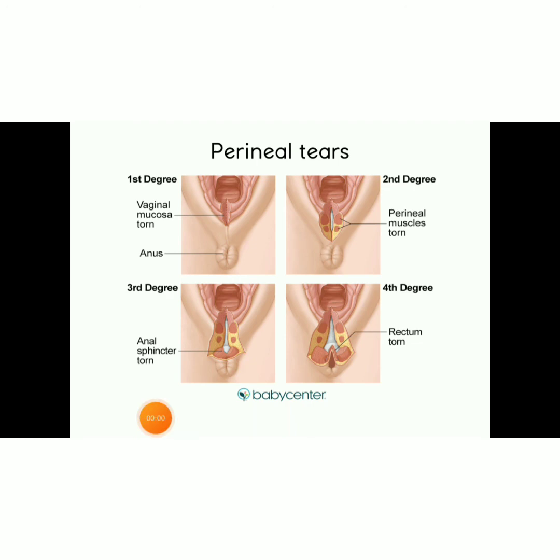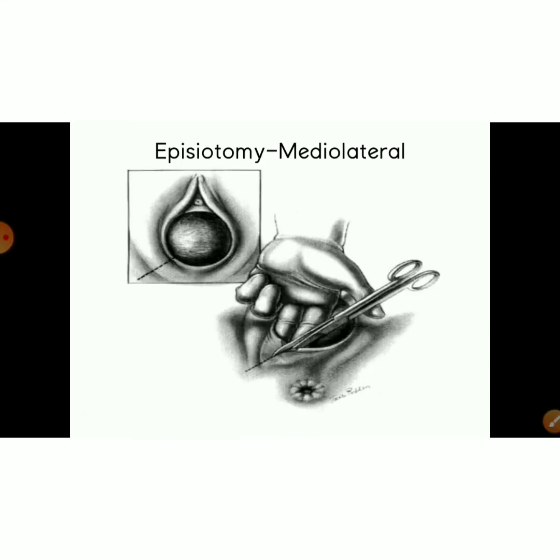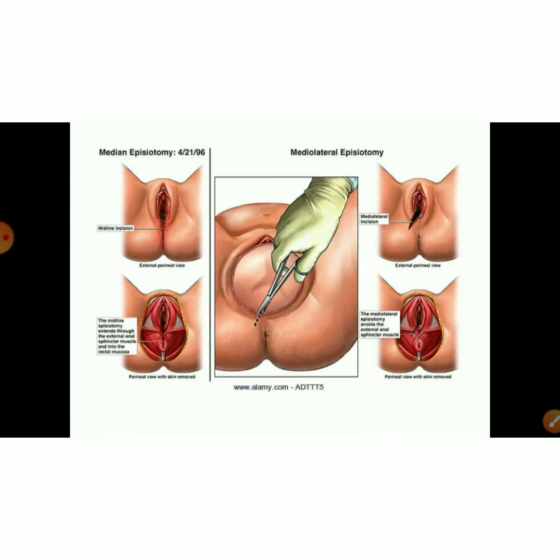In order to avoid the perineal tears, you can give perineal support, and also you can do an episiotomy. Normally we will be doing a mediolateral episiotomy, especially on the right side, so as to avoid further perineal tear.